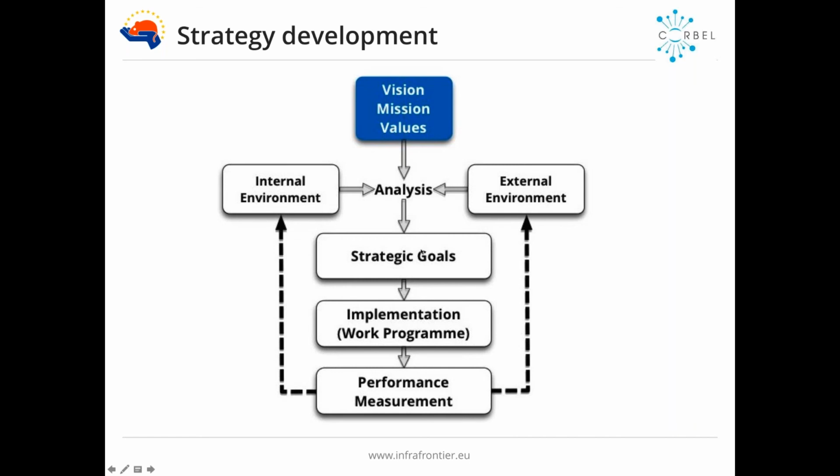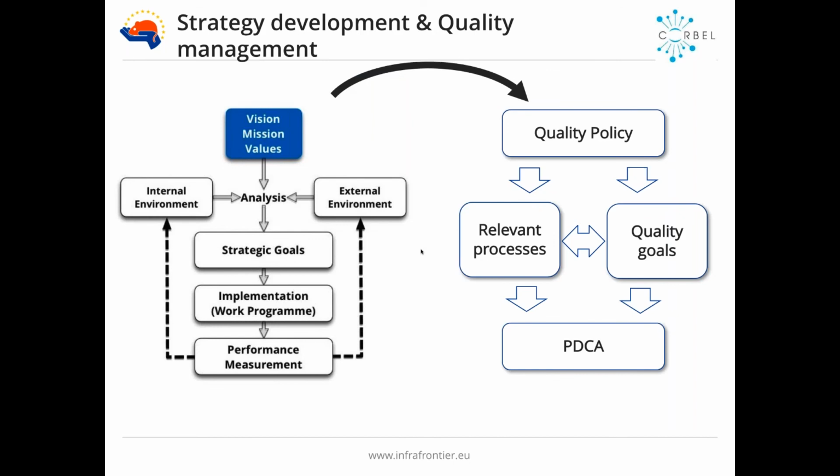So this actually interacts also with the quality management and the first steps, because what you would describe is the quality policy of your organization, and this is certainly informed as well by vision, mission and values of your organization, and you can actually draw on this analysis that is being done in general in the general strategy development.